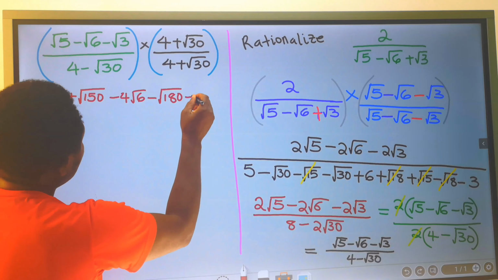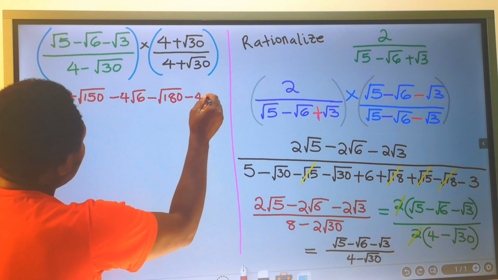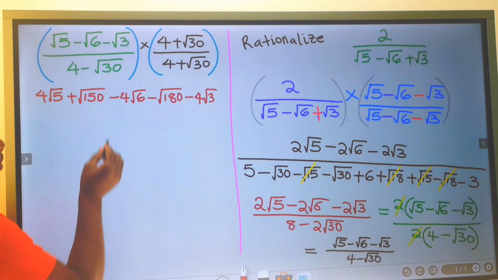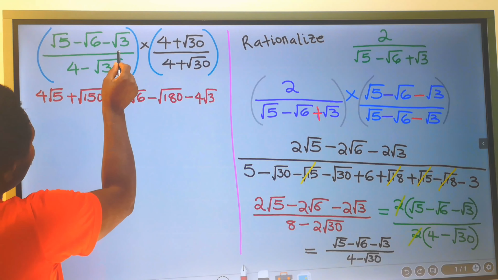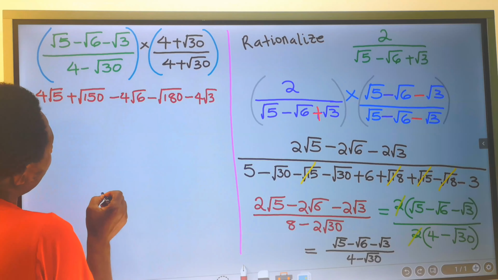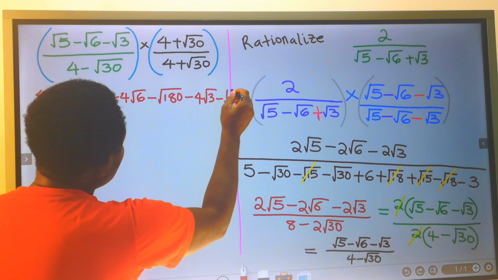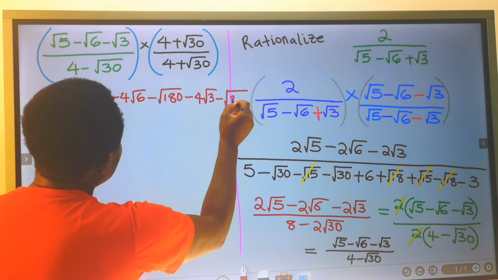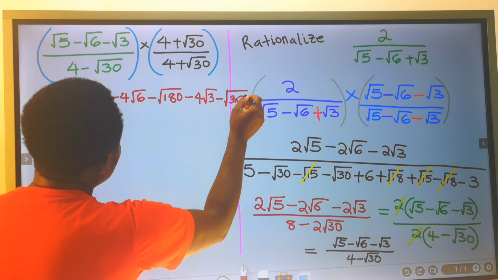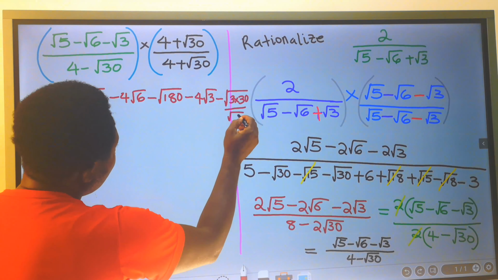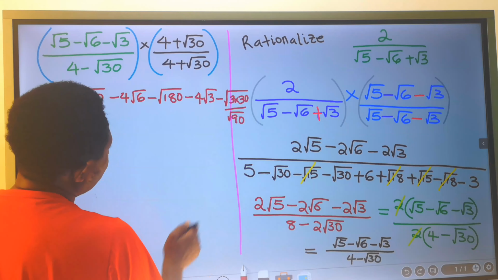We're going to have minus 4 multiplied by the square root of 3. Next, minus the square root of 3 will multiply the square root of 30. We're going to have minus, inside the square root, 3 times 30. Inside the square root, we're going to have the square root of 90.